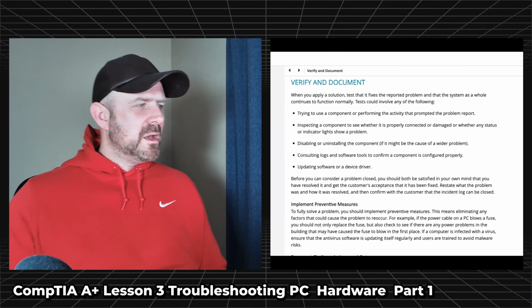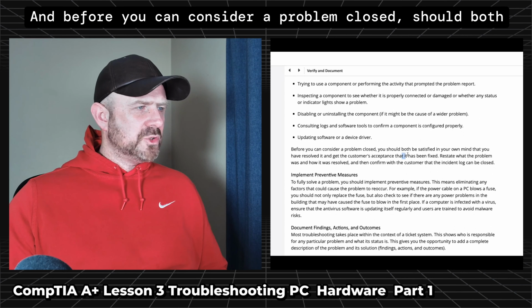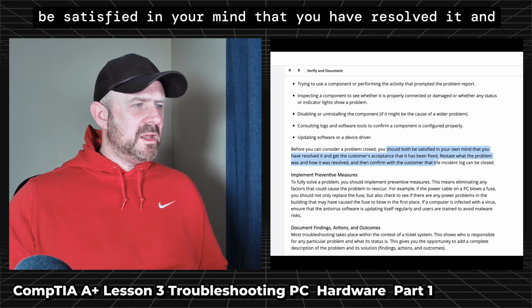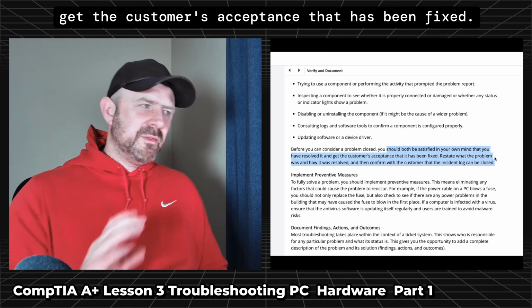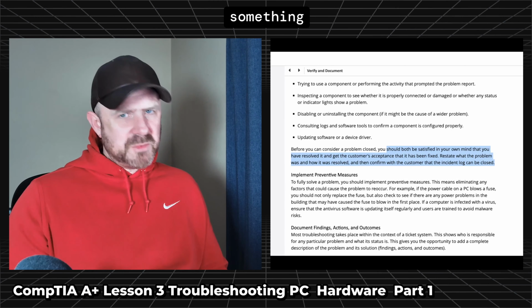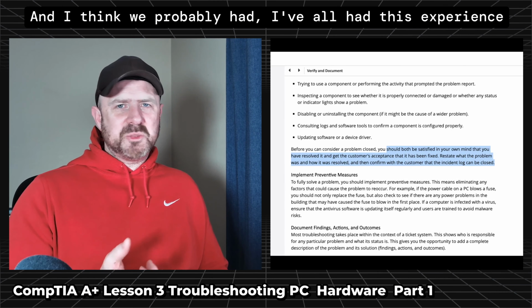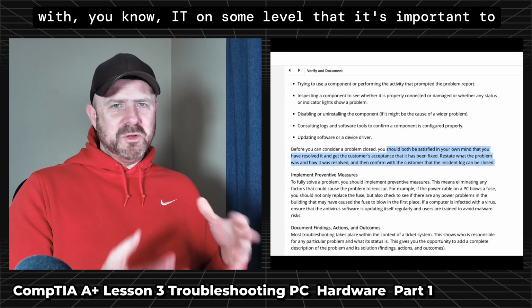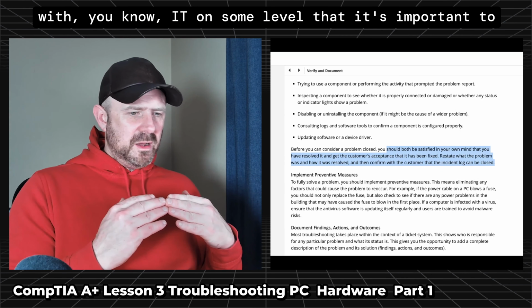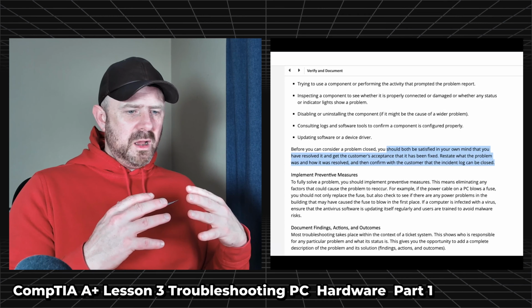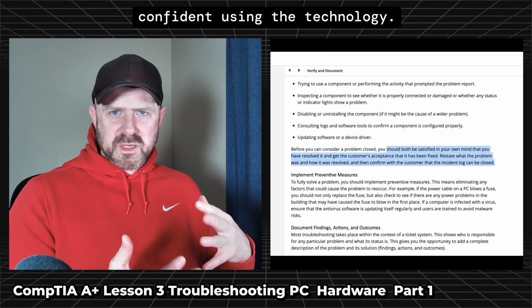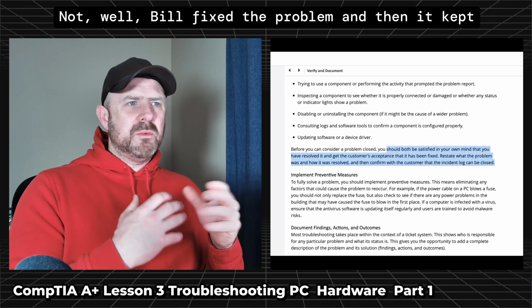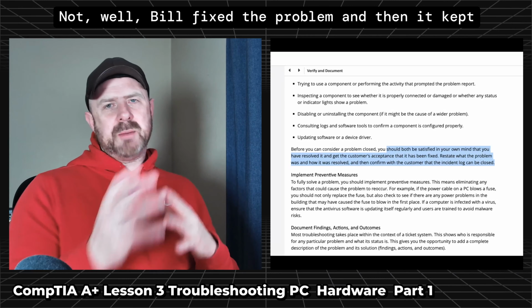And before you can consider a problem closed, you should both be satisfied in your mind that you have resolved it and get the customer's acceptance that it has been fixed. That's huge because a lot of times someone will fix something. And I think we probably have all had this experience with IT on some level, that it's important to fix it so that people can sense it's fixed and feel confident in using the technology, not, well, Bill fixed the problem and then it kept reoccurring.